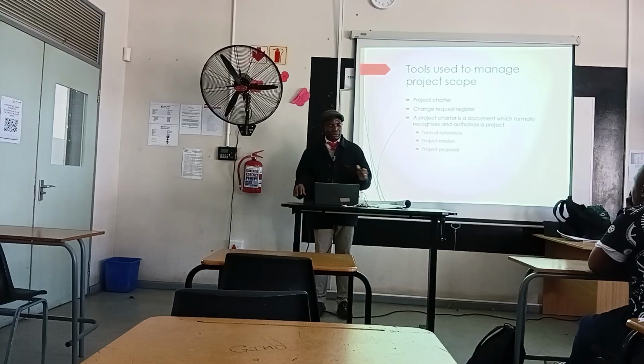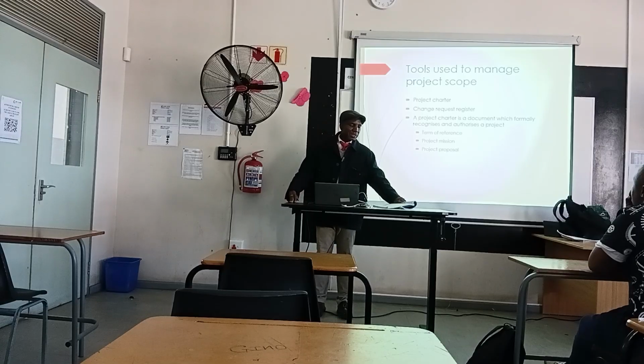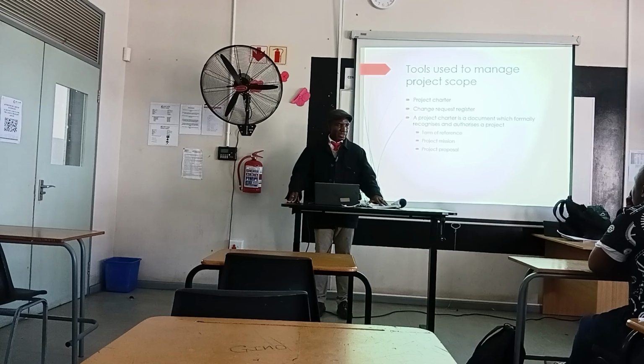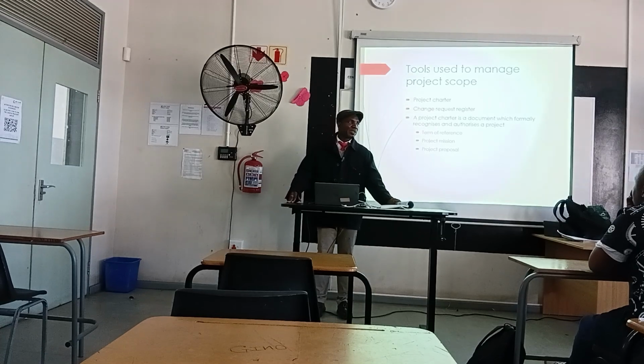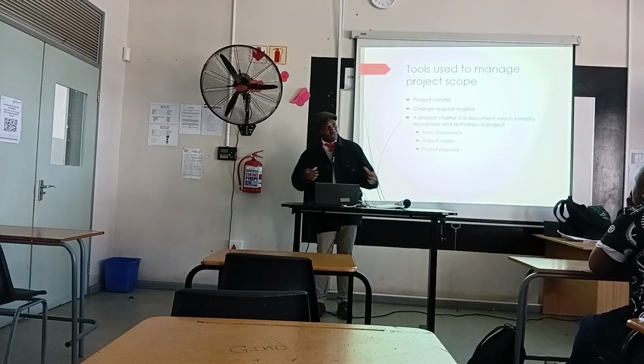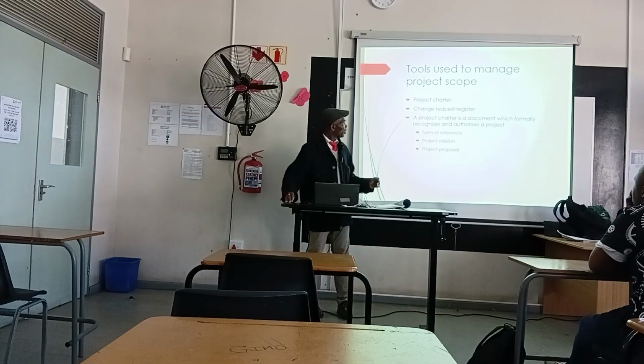Now, during the implementation of the project, there could be certain things, perhaps like we said, deviation, that can make one deviate from the original project plan or from the scope.